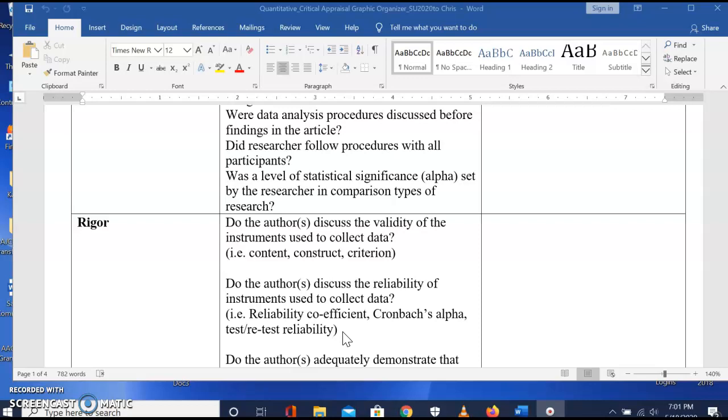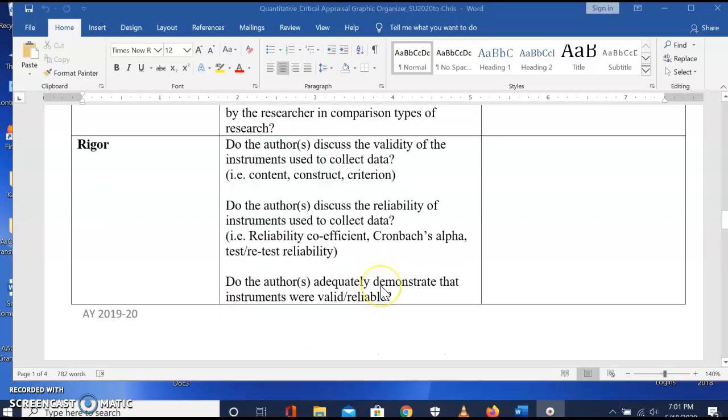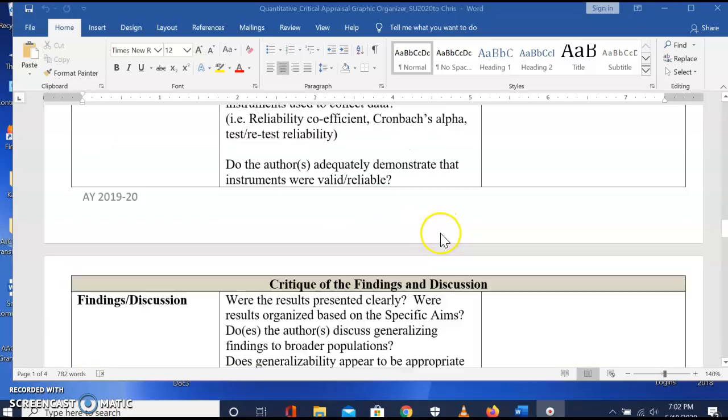So that's just an example of inter-rater reliability. So basically, the authors need to describe the validity and the reliability of their instruments, whether that's going to be an SpO2 monitor or a blood pressure cuff or the reliability of a survey instrument. There are different ways to test that with different statistics.